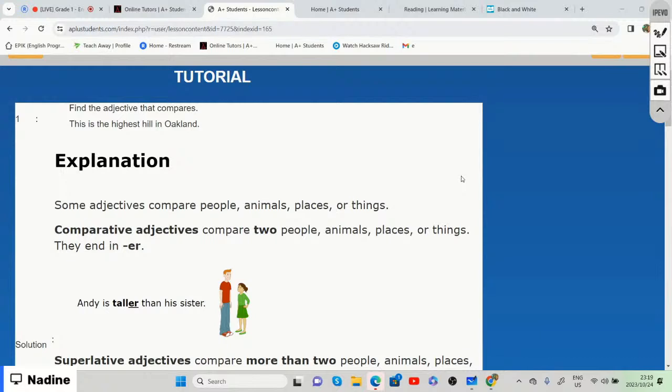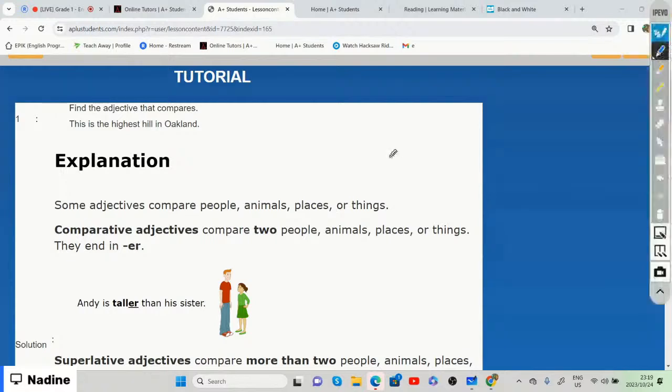All right, so if we find the adjective that compares within the sentence, we can say it is highest, because this is a superlative adjective.